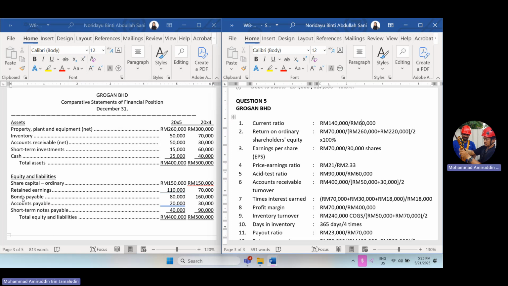Like Malaysia last time we offered in 1998, we called it Bond Merdeka. Merdeka means independent. Bond Merdeka, 1998. How old are you? Have you been born? Oh, still in heaven. In 1998, I was already form 5, 17 years old. That's the last bond issued by the Malaysian government.